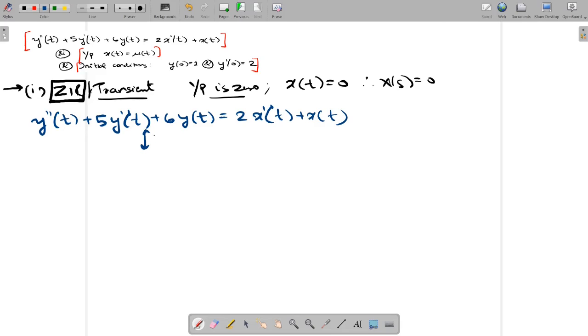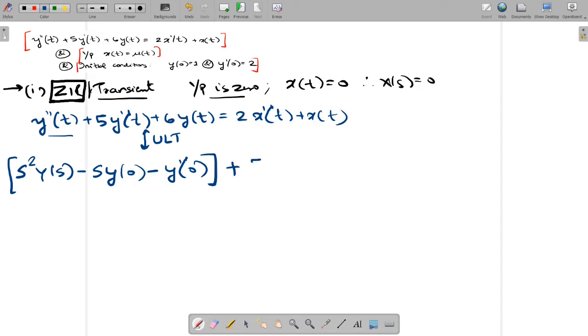Now take the unilateral Laplace transform. What is y double dash of t, d squared by dt squared of y of t? It is s squared y of s minus s y of 0 minus y dash of 0.